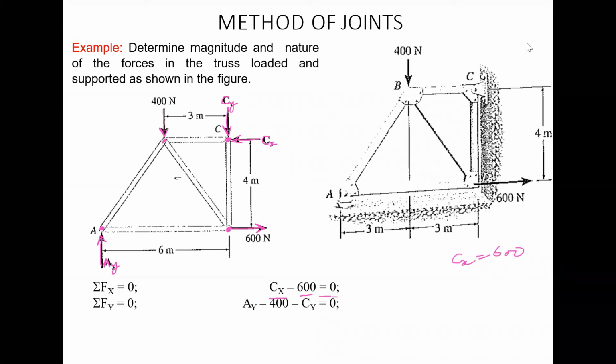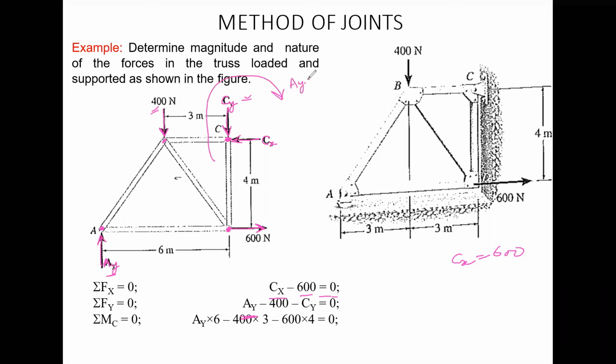Okay, balance the vertical forces and you will get Ay minus 400 minus Cy is equal to 0. And take moment about C, about the hinge point, and you will get Ay into 6, that is clockwise.